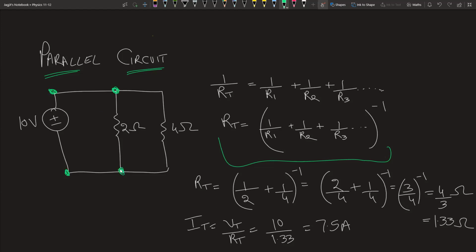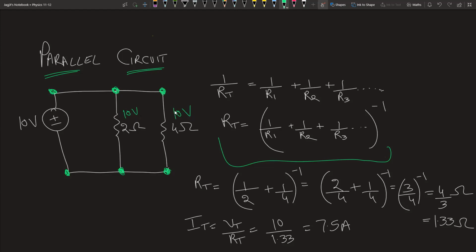Nothing in the path, right? That means the voltage difference across these 2 points is also 10 volts, which means the voltage difference across this resistor is 10 volts. If I drag this point right here, nothing is in the path. That means the voltage difference across this resistor is also 10 volts.